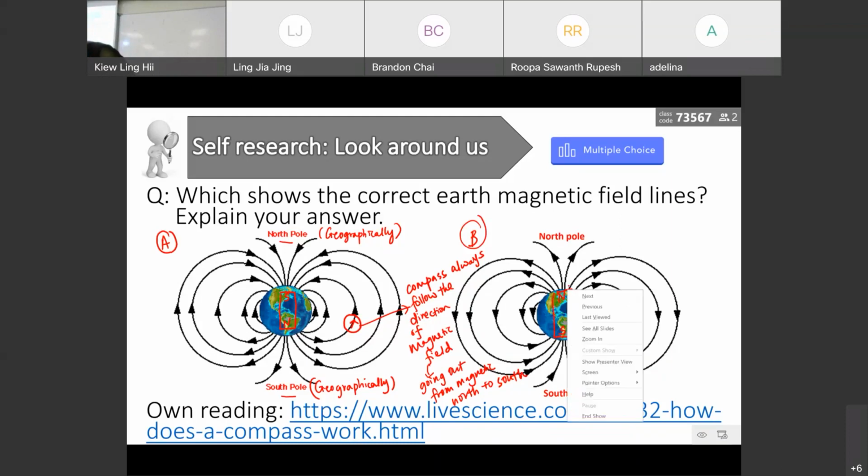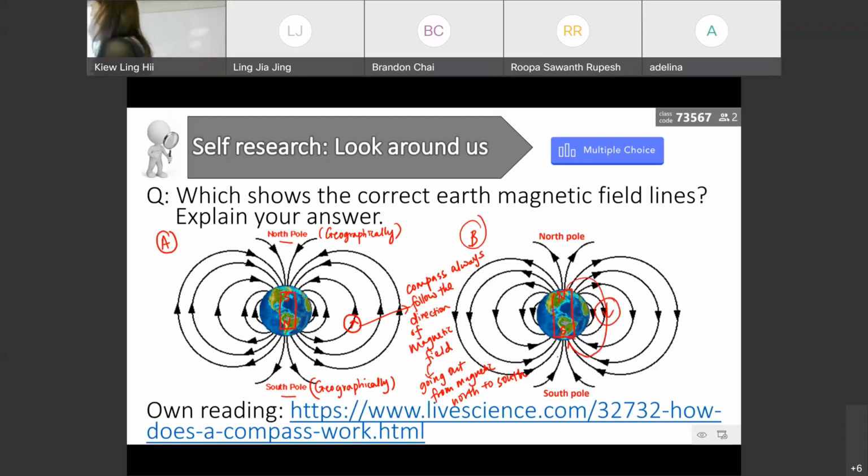So your compass will actually point toward the south, won't be pointing to the north. Okay, so that's why the Chinese are actually very smart. Why? Because they actually talk about physics. So this one is just extra information for you to know.